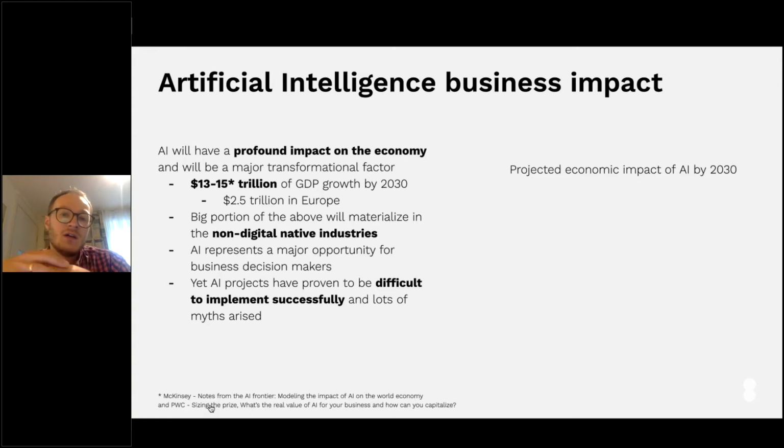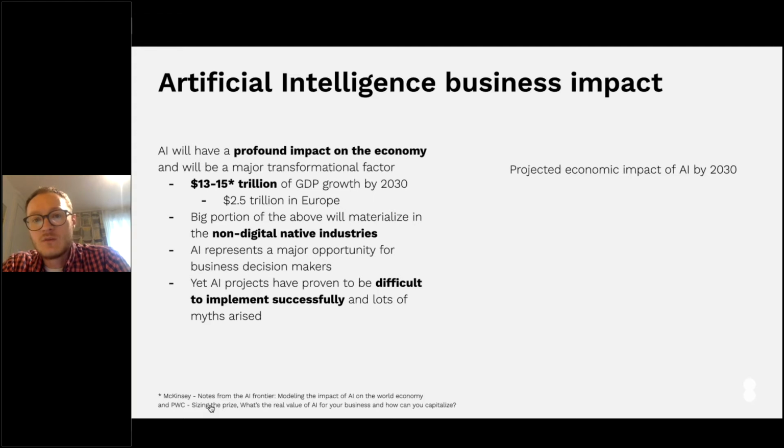So think about agriculture, think about automotive, think about manufacturing or chemical. So those more traditional industries, which are giving millions of jobs here in Europe, which might not have yet benefited from the AI revolution.